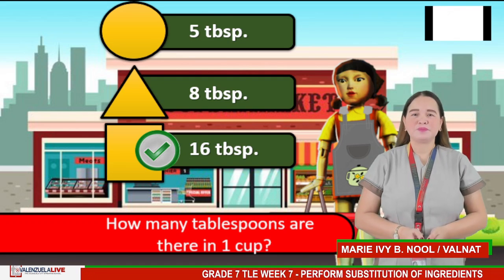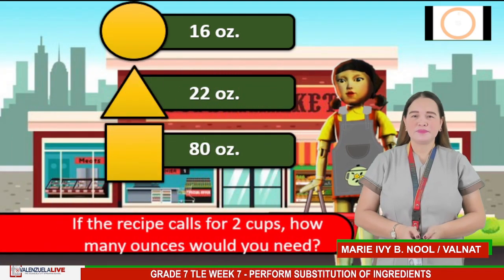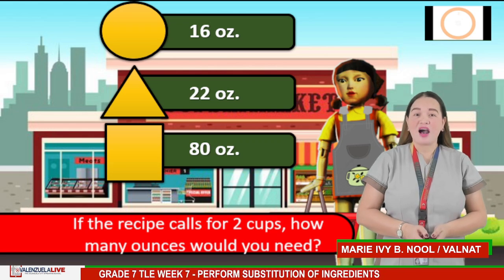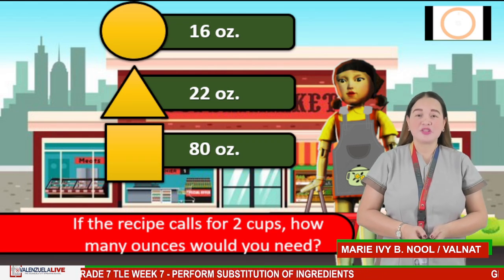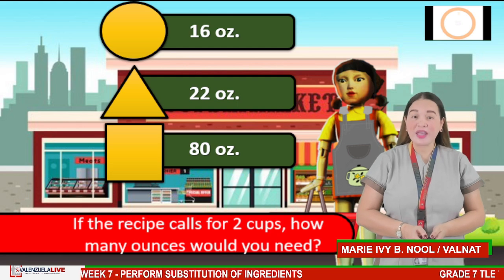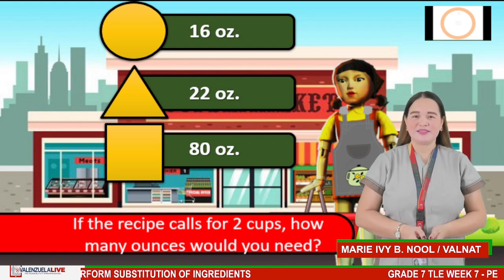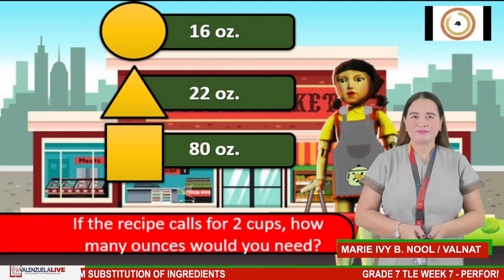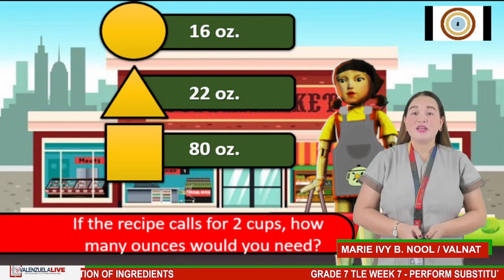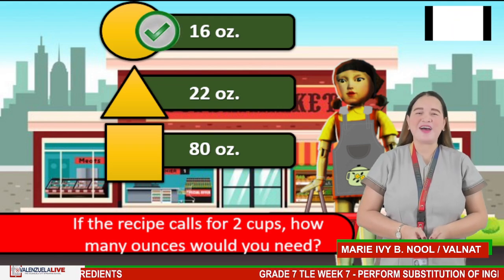Number 2. If the recipe calls for 2 cups, how many ounces do you need? Circle, 16 ounces. Triangle, 22 ounces. And square, 18 ounces. The correct answer is circle, 16 ounces.